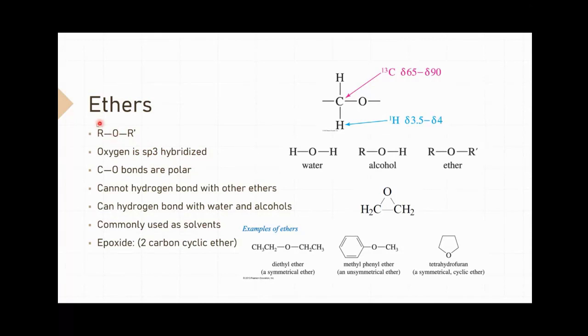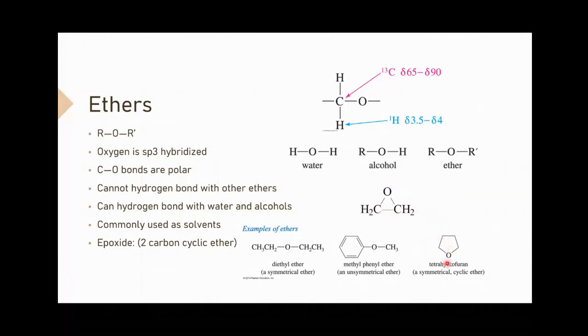The individual CO bonds are polar. Ethers cannot hydrogen bond with each other, but they can with waters and alcohols. So you're going to see a lot of ethers in solvents, and a special ether would be what we call an epoxide, which is a ring.